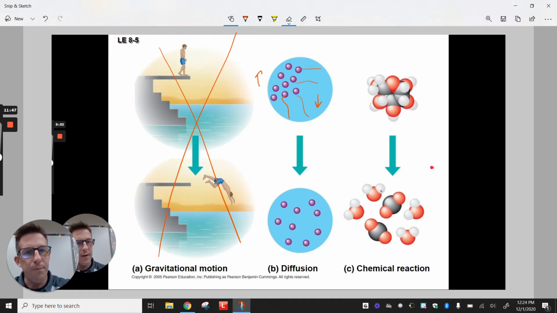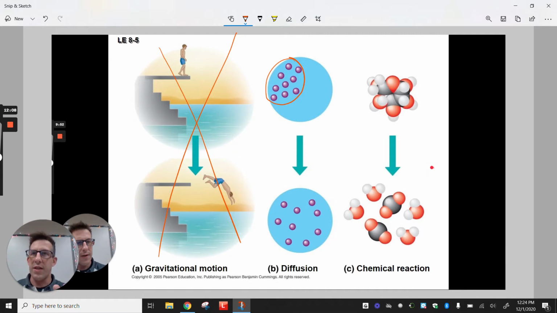So we can use this idea in terms of talking about stability, okay? Think about this. This is very apt right now. Think of these little molecules as people during a COVID pandemic. Right? They shouldn't be this close.